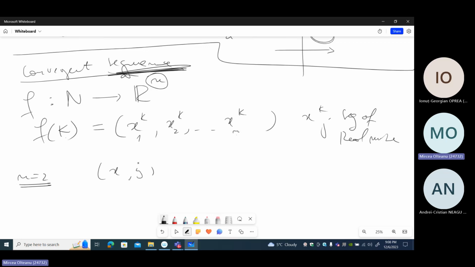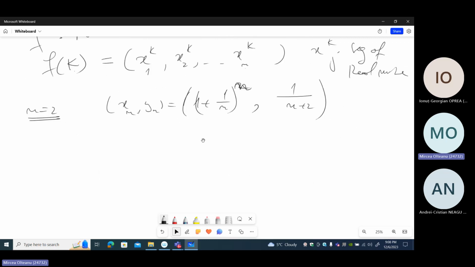The usual examples and exercises will be in n equals 2 and n equals 3, so we don't need a general n. For example, what I'm writing now is a sequence of 2-dimensional vectors. Each component is actually a sequence of real numbers.